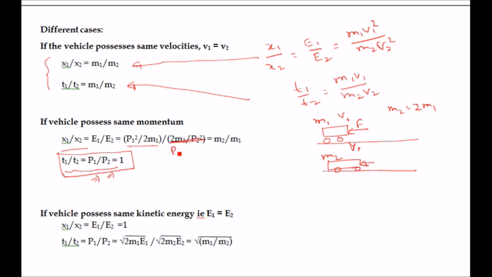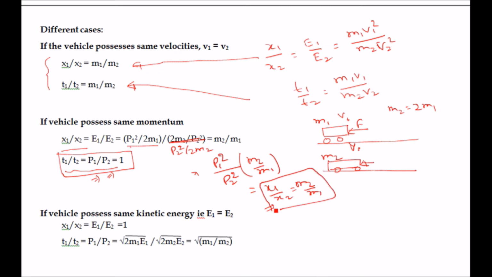So the value will be p1 square divided by p2 square, times m2 by m1. As the momentum is the same, we get x1 by x2 is equal to m2 by m1. So clearly, if the vehicles have the same momentum, then the stopping distance will be in the ratio of m2 by m1, or the stopping distance will be inversely proportional to mass m for the same momentum.